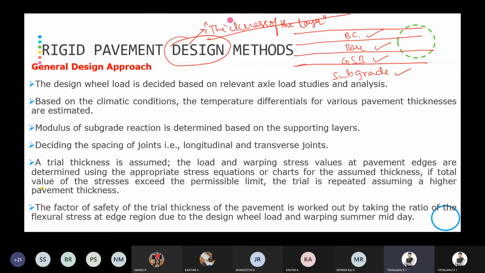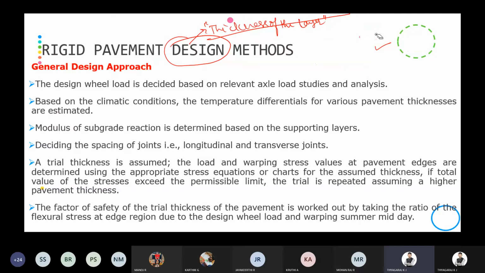But in the rigid pavement, we are only going to determine the thickness of the CC slab.